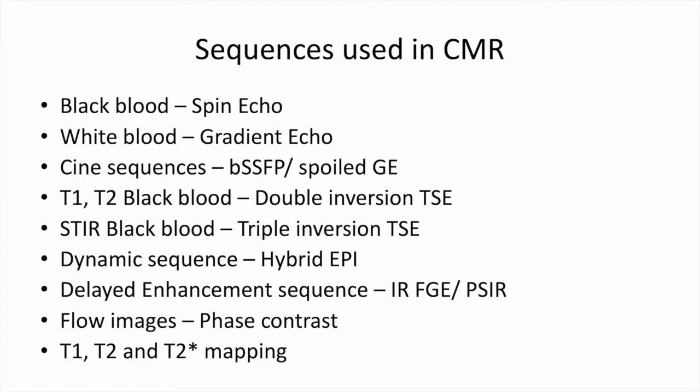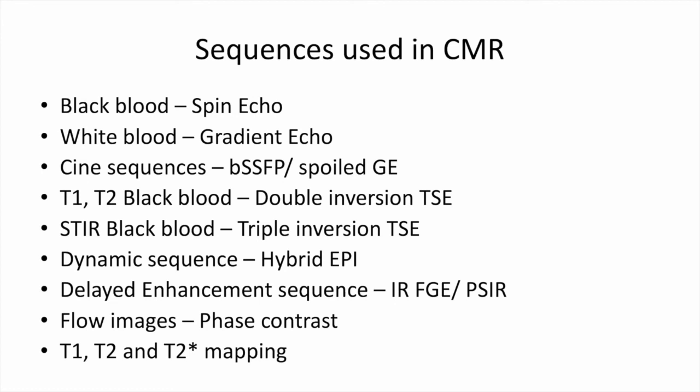Before I wrap this talk on basic MR physics, I will just outline some of the common sequences used specifically in cardiac MR. We shall go through their details and how to optimize them for better image quality in my next talk in the series. The routine black blood images obtained are basically spin echo images, while the white blood images are obtained from gradient echo sequences.